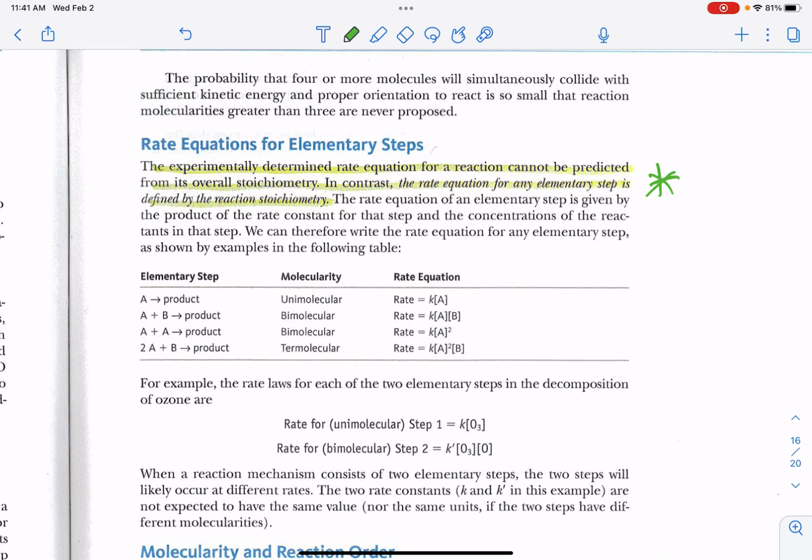But when we talk about an elementary step, it is true that the coefficients in the balanced elementary step automatically become the exponents in the rate law expressing the rate of that elementary step. In other words, the stoichiometry becomes the exponents in the elementary step. But this is not true for the overall reaction.